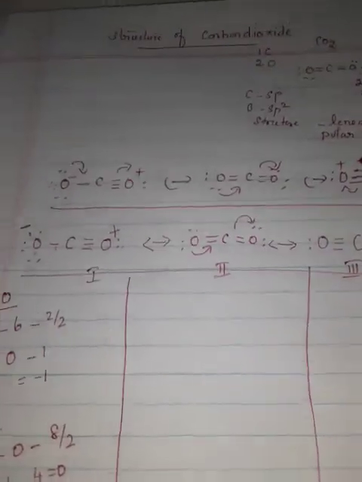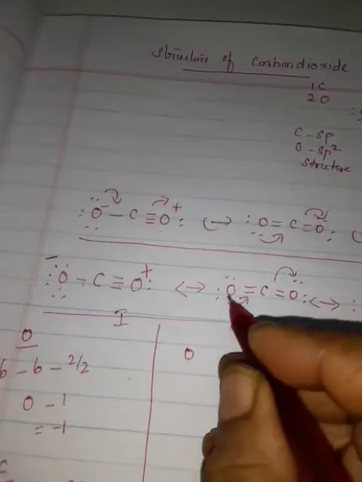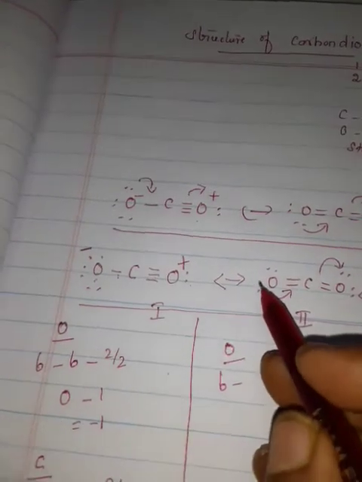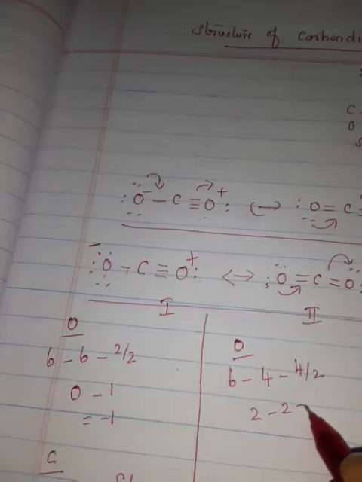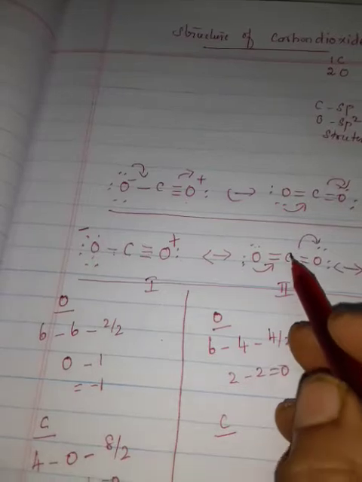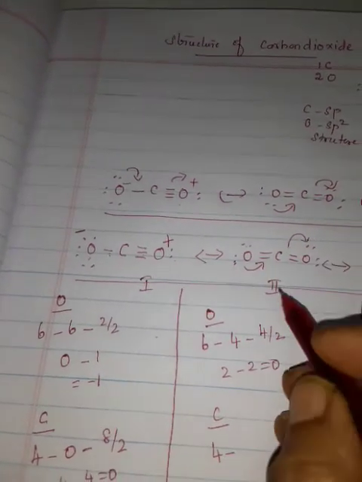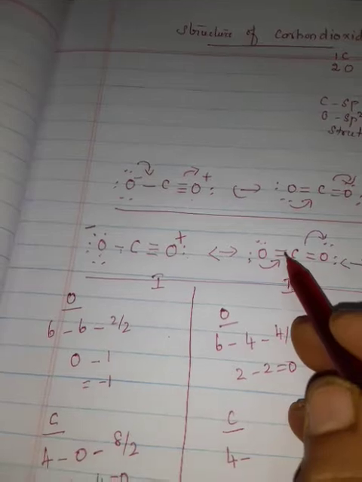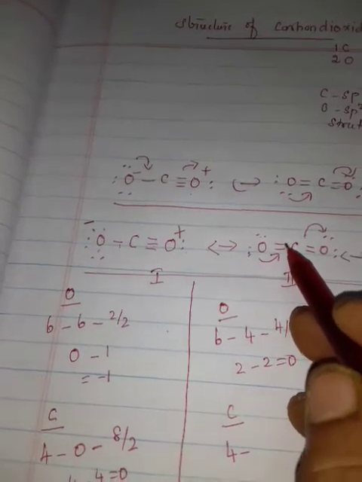Now this oxygen: valence electrons 6, lone pair 2 plus 2, 4, minus bond pair 4 by 2. So 2 minus 2 equal to 0. So no charge. Carbon: valence electrons 4, lone pair 0, minus bond pair 2 plus 2, 4, that is 8 by 2.